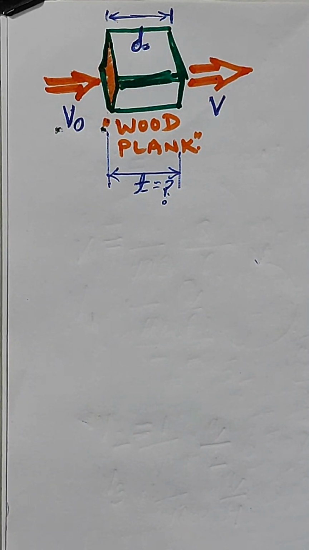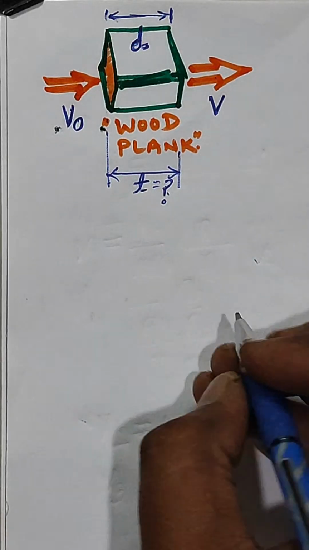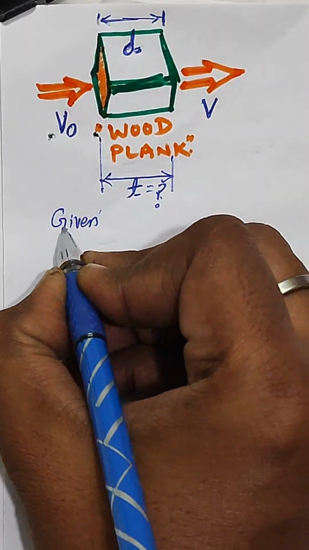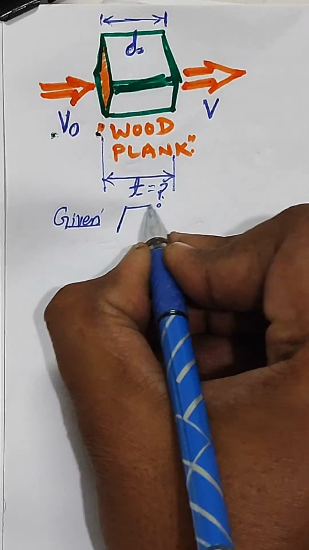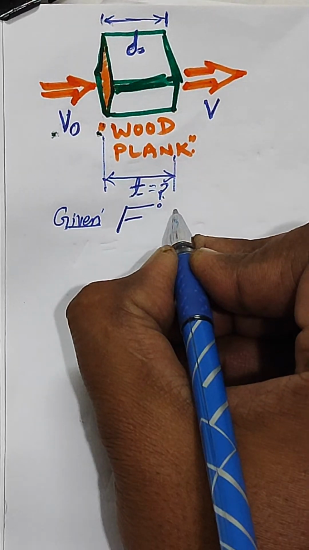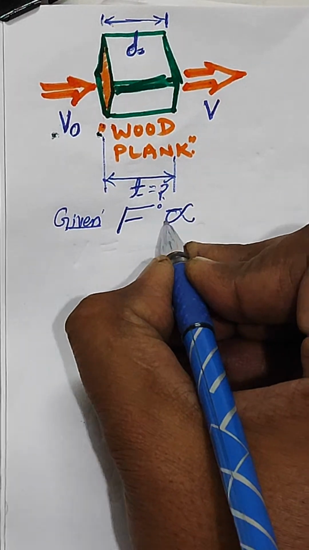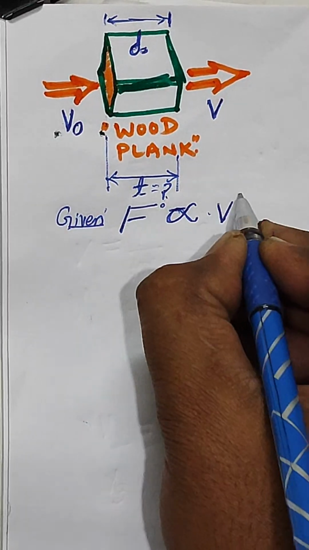It's given that the resistance offered by the plank is proportional to the square of the velocity of the bullet, right? That means, as given, force is proportional to the square of the velocity of the bullet.